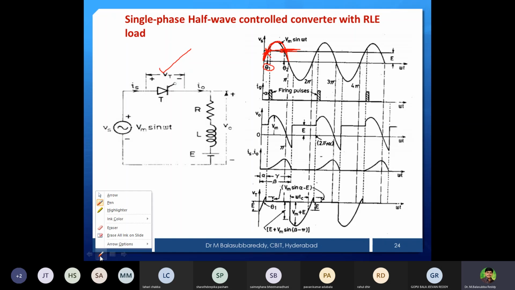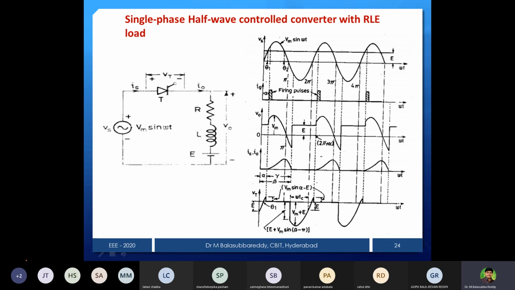So from this analysis, what we can conclude is that the firing angle range is limited here. We want to control the output voltage between theta 1 and theta 2 only. You have to fire the devices there. That is the clarification based on your input supply and battery voltage. So that is what theta 1 and theta 2 we mentioned.